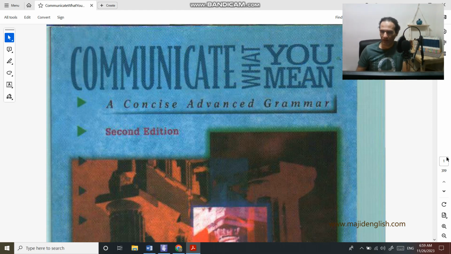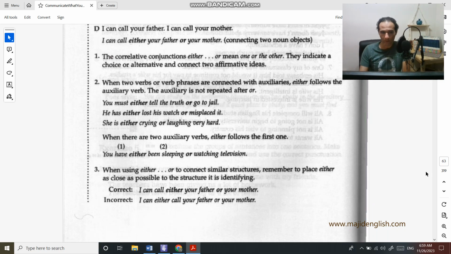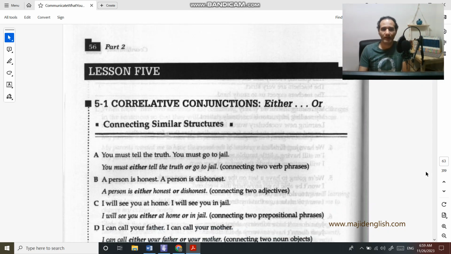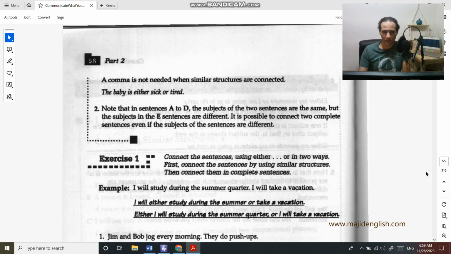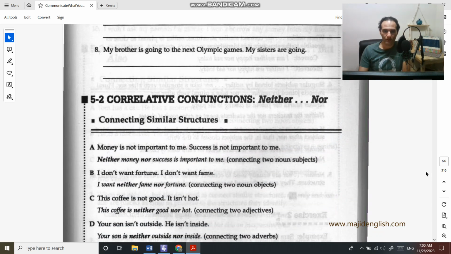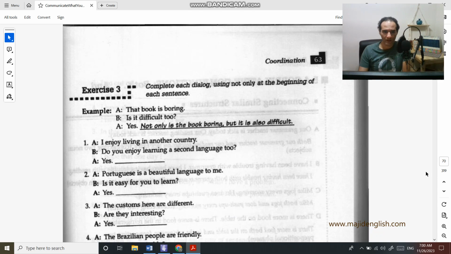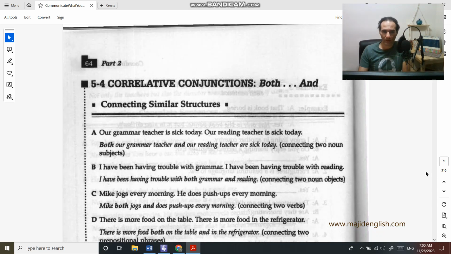In my previous video clips, the last ones that I put up, we talked about the correlative conjunctions either or, then neither nor, then not only but also, and finally both and.